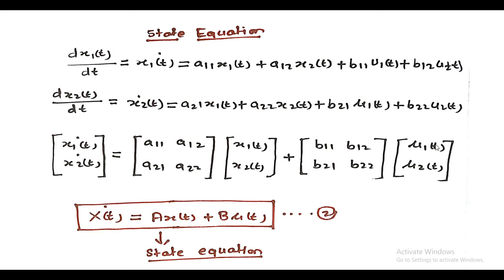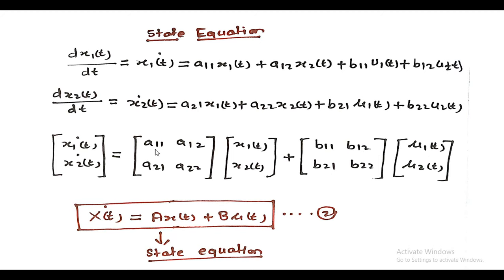This is the state and this is the input, and just the coefficients are changed. In the output equation we had C and D, but that is replaced by A and B. If you want to represent this in matrix form, x1 dot t, x2 dot t is represented in terms of this A coefficient matrix into the states plus the B coefficient matrix into the inputs.